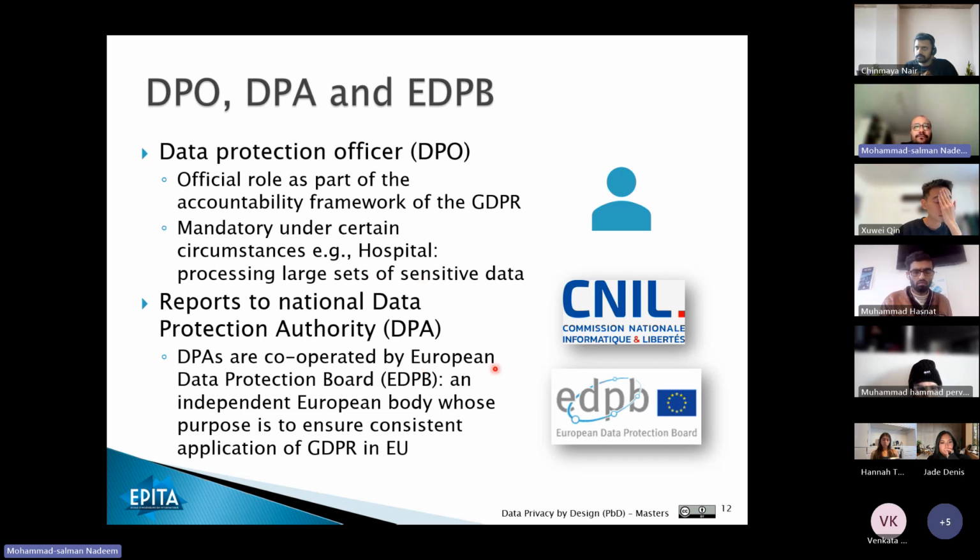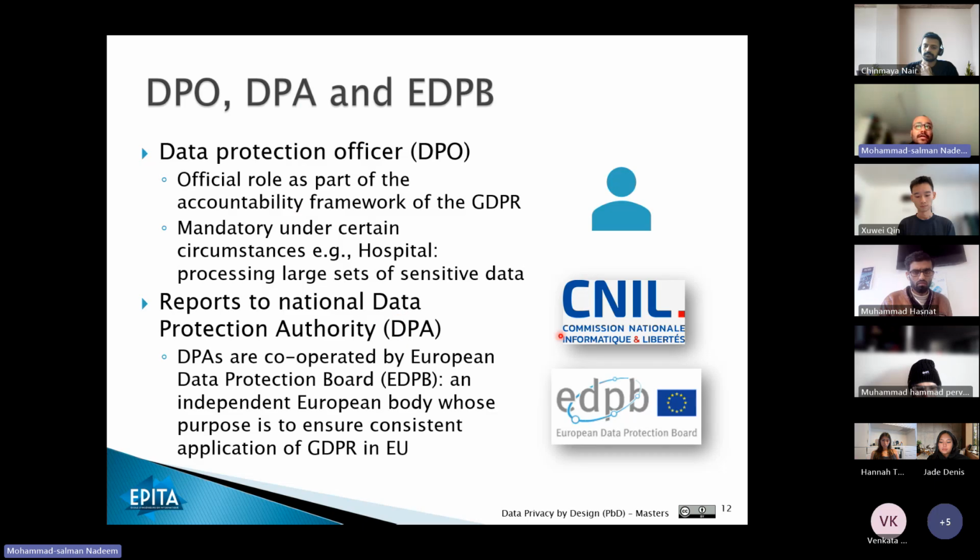We then have another interesting term, which is DPA, where it overlaps with another term, data processing agreement. Now, a data processing agreement is a contract between a user and the data controller. In this case, DPA is a data protection authority that is designated by the state.